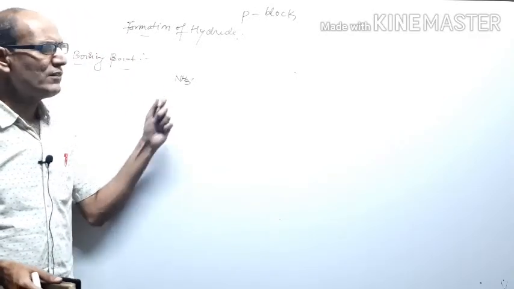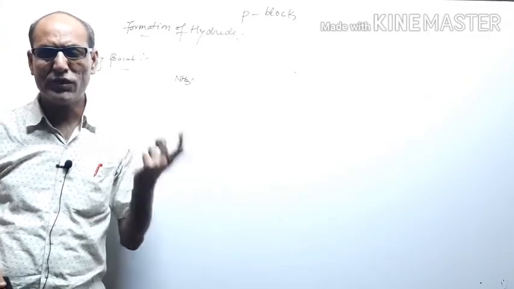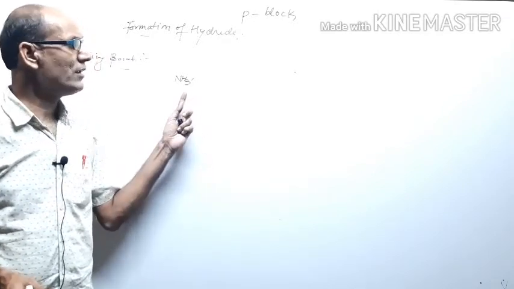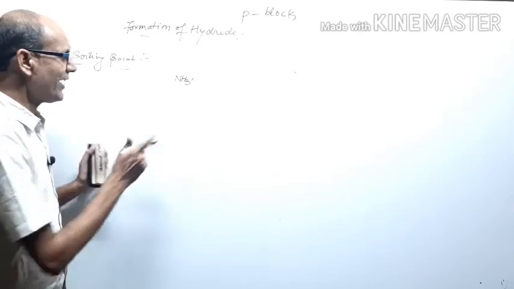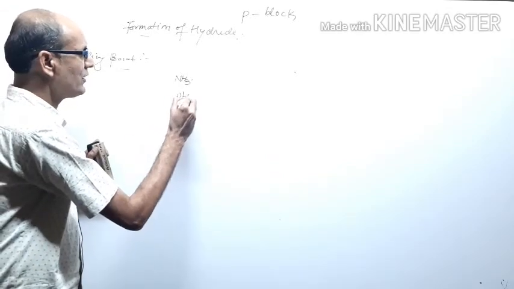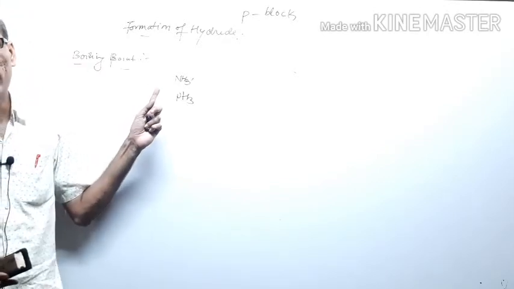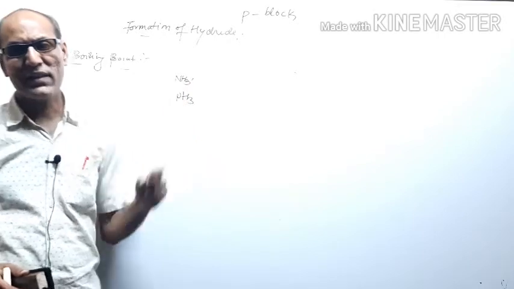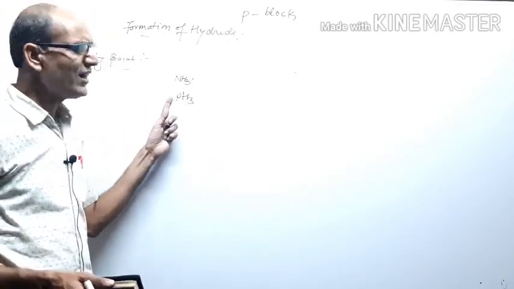So the boiling point of ammonia is higher than phosphine, but according to the concept, it should be smaller. Why does ammonia have a higher boiling point than phosphine? Because nitrogen is smaller and has high electronegativity, and it can form hydrogen bonds.